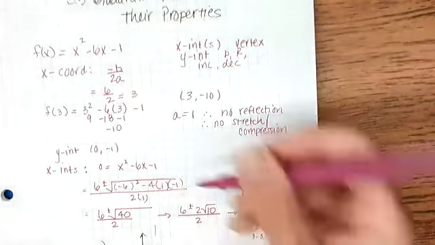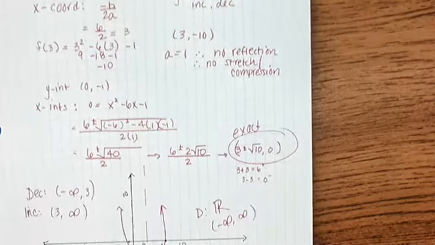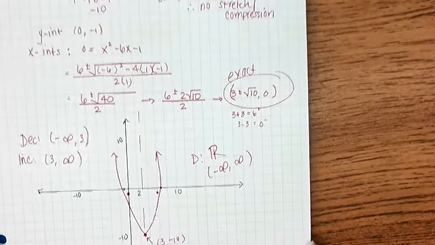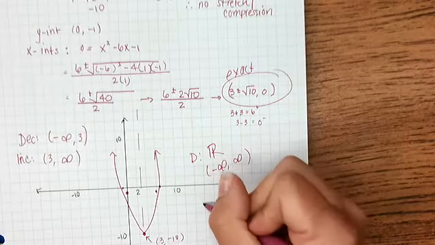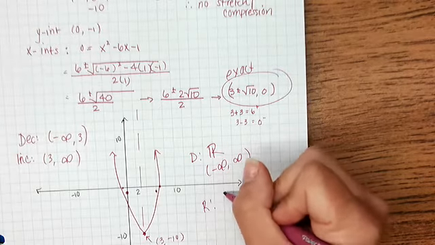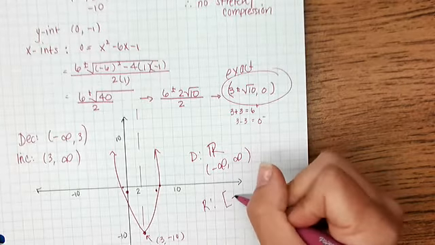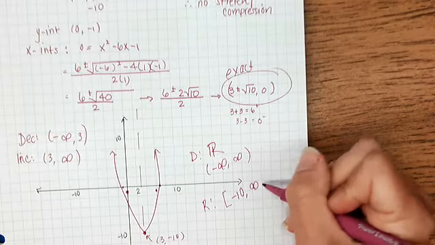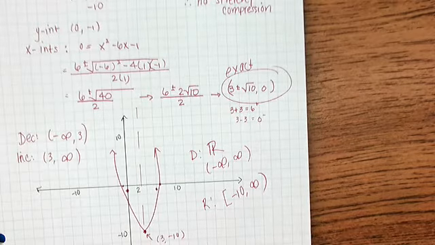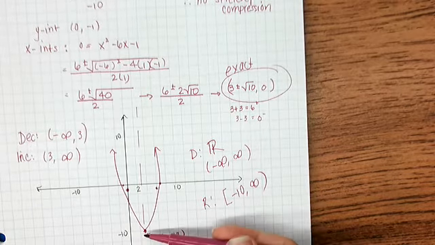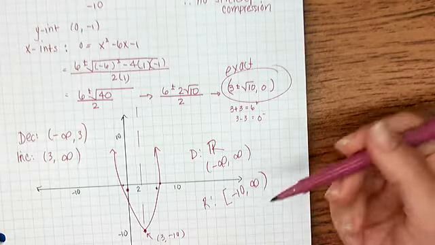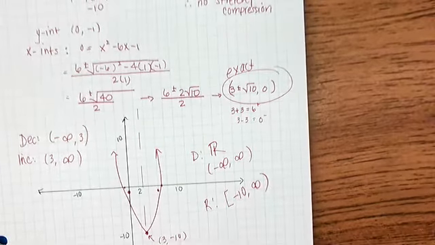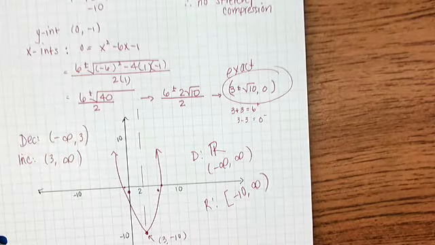None of that here. The range: let's look at the vertex, the most important point on the graph. So the range here is -10, which is included, to infinity. The lowest y value is -10, closed circle. Okay, so sorry about that.